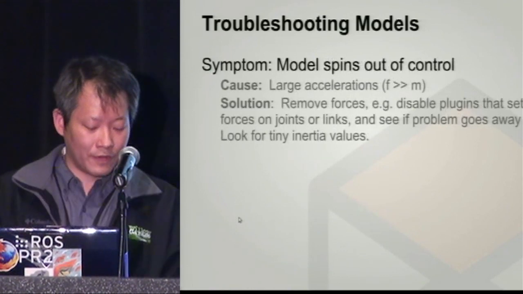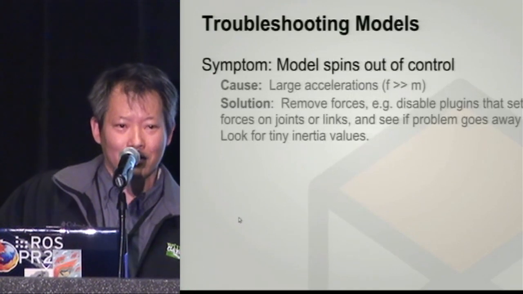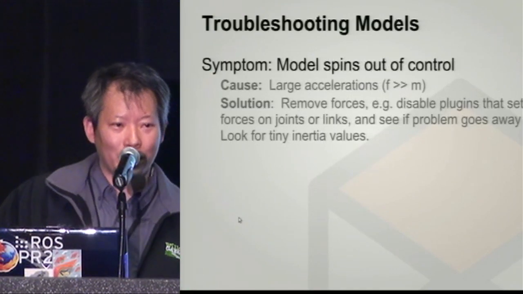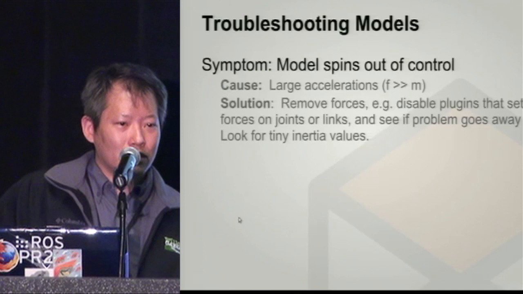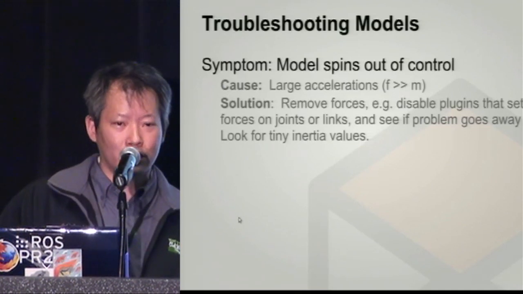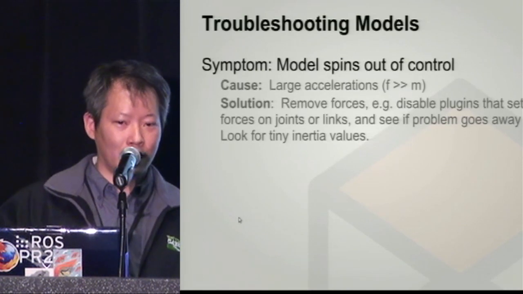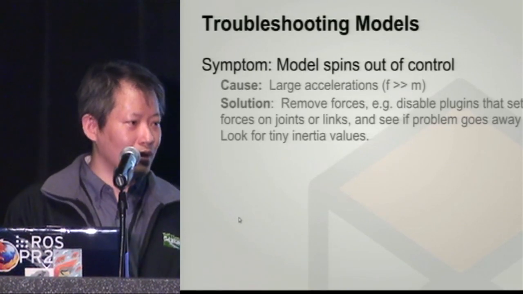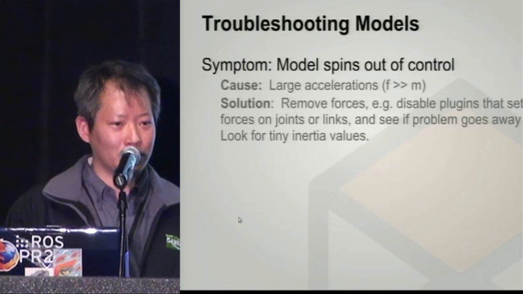This example, I don't have a nice video of. I didn't bother reproducing it. But in the beginning when we started the PR2 simulation, and I'm sure a lot of you have seen this, you model your robot, you start simulation and the arms kind of twirl around in a crazy way and the robot dances around.